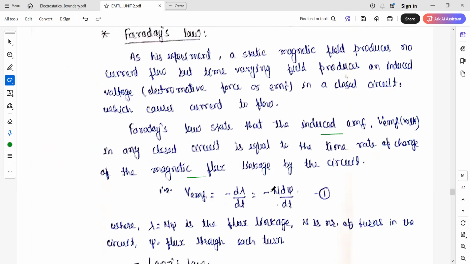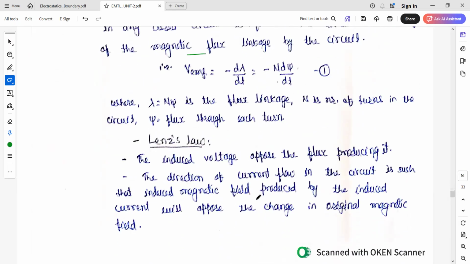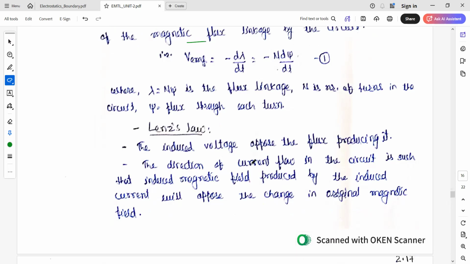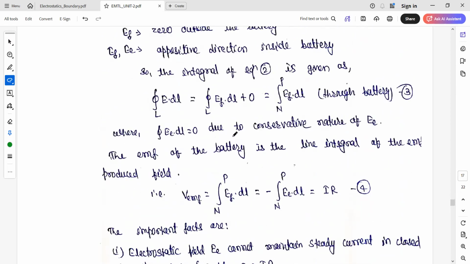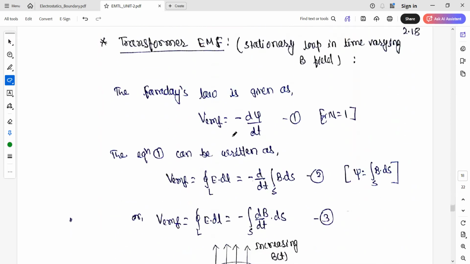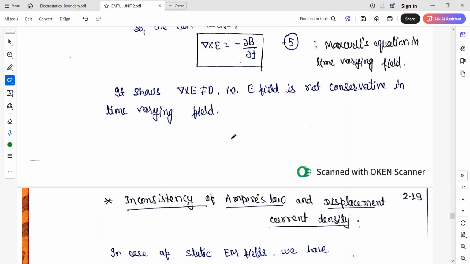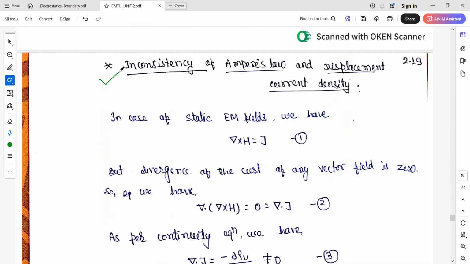On the basis of that, we are able to obtain results. This Faraday's law is very important in this case. Another important question is about transformer EMF. This is also very important, along with the inconsistency of Ampere's law.